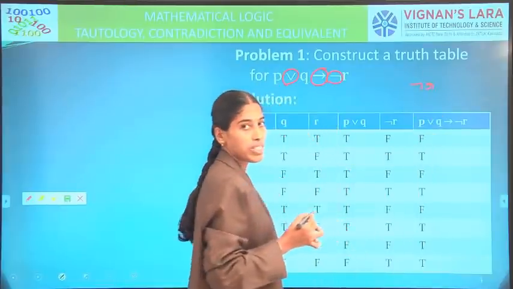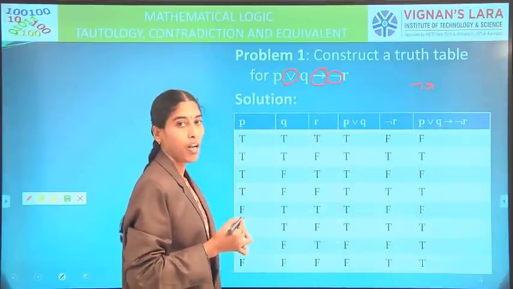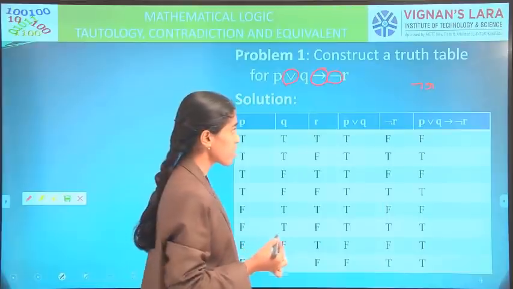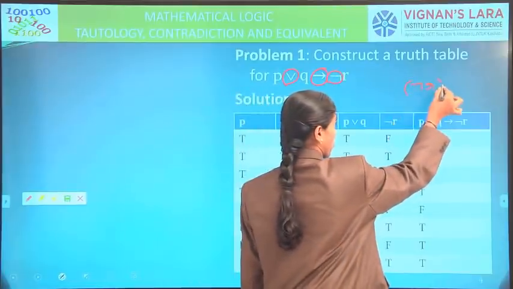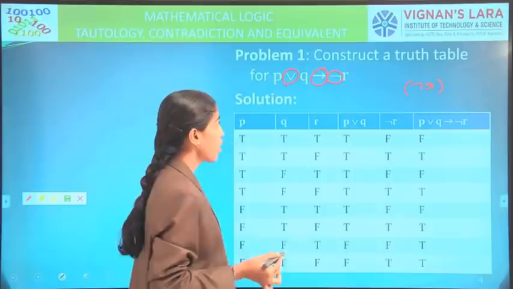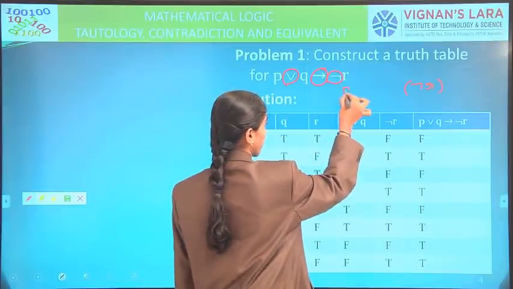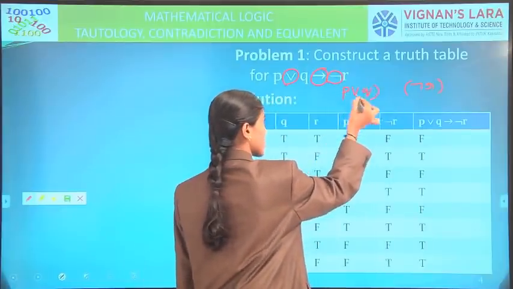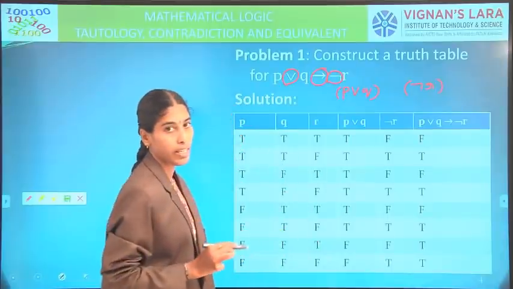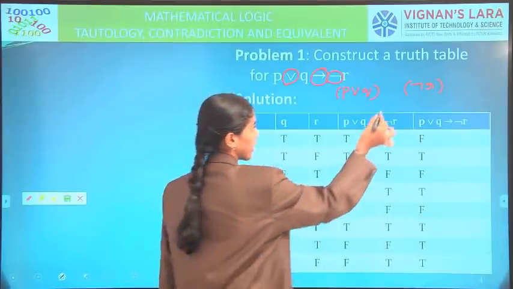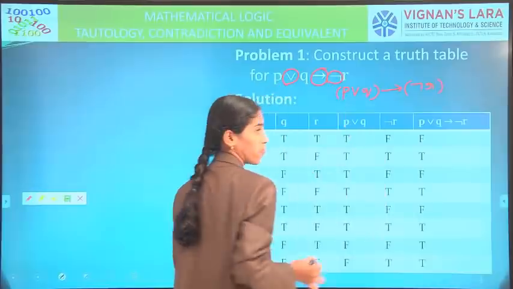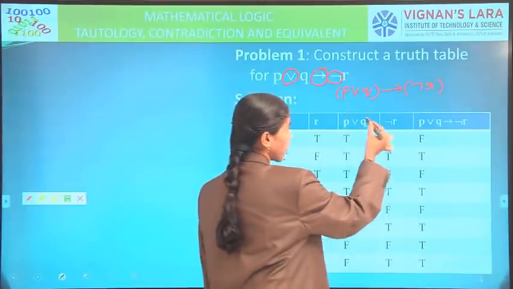Next preference is for disjunction. So, we put a bracket here, P or Q. Then we apply the conditional. Right? So, this is the given proposition.